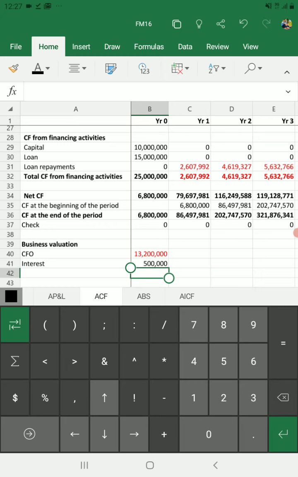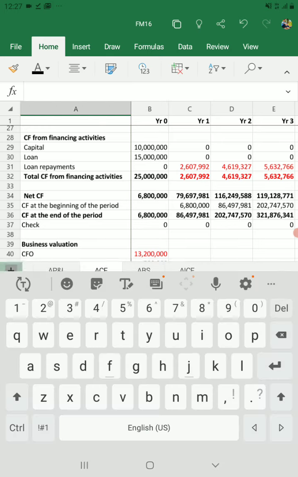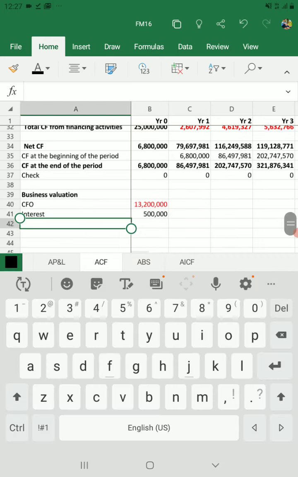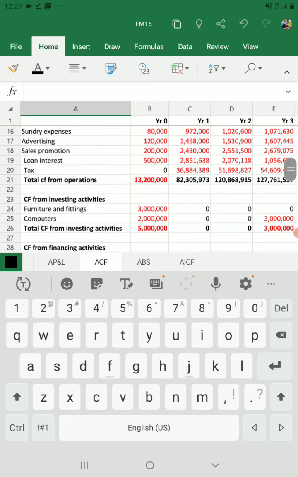So after that, the other adjustment is to add back this tax figure here, because in order to compute tax you need to deduct loan interest among other things to arrive at the profit before tax figure, and from that figure you compute tax, accounting tax.